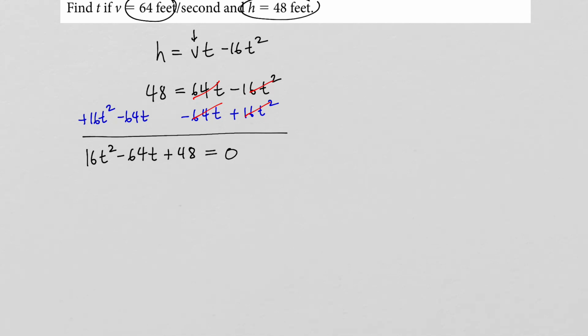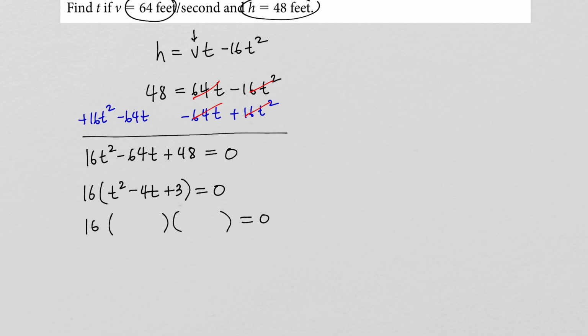Now I'm solving this quadratic equation. How do we solve quadratic equations? We factor. Now, before you make a magic x, notice that 16 goes into all of these numbers. So we can factor out a 16, and we will have t squared minus 4t plus 3. And that makes the factoring of what remains much easier. So how do we factor t squared minus 4t plus 3?